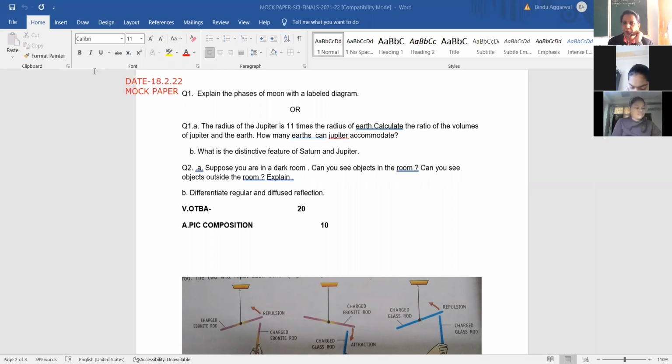Can you tell me the volume of the sphere? Which formula will you use here? This is totally a mathematical question. Kindly tell me. Volume of a sphere, you know that? Anyone?